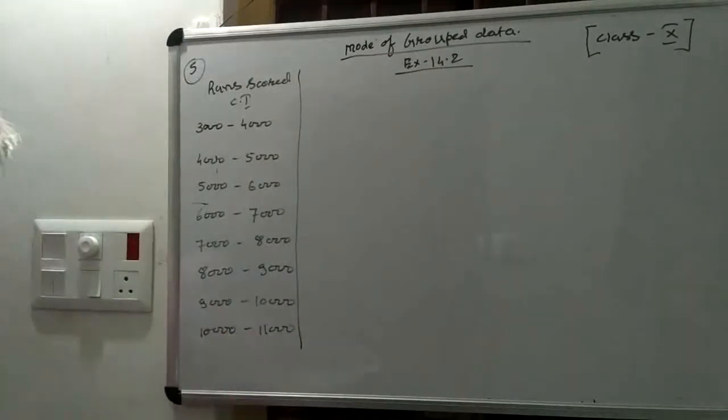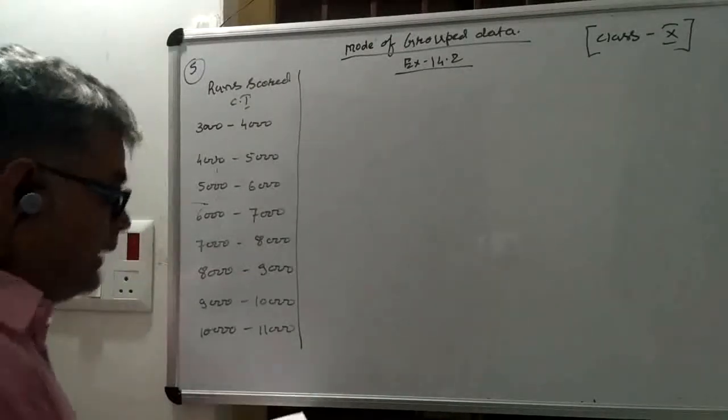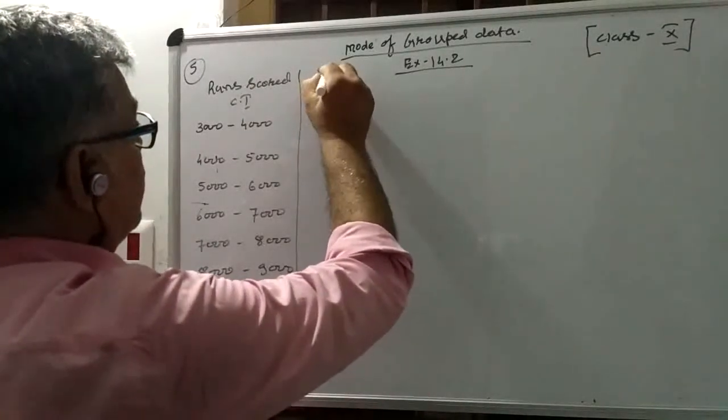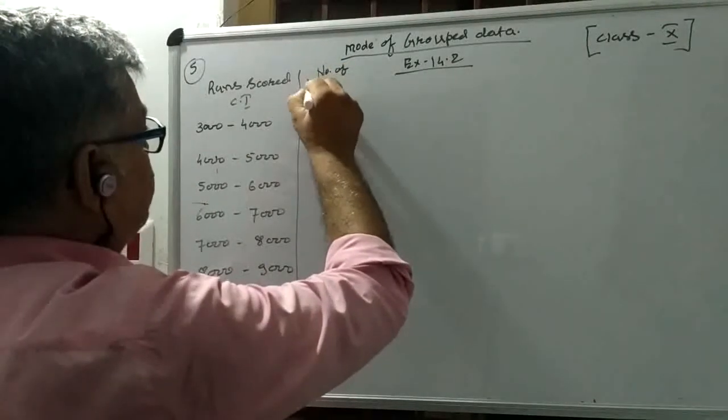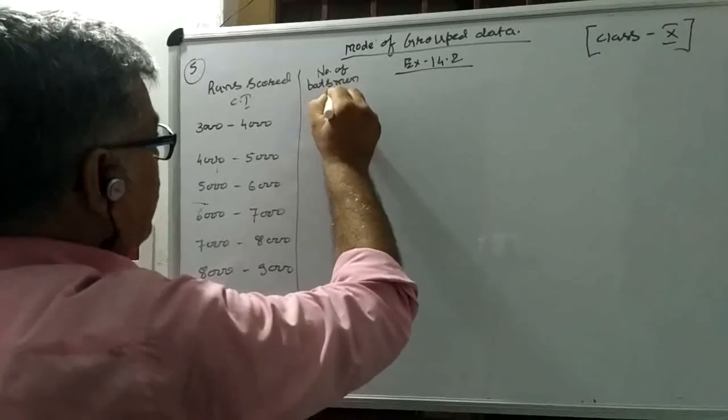These are the runs scored by the batsmen all over the world, and the number of batsmen is given, which is the frequency as well.